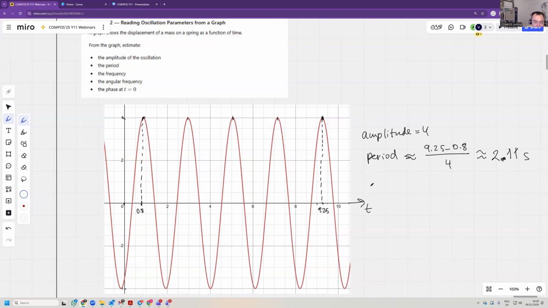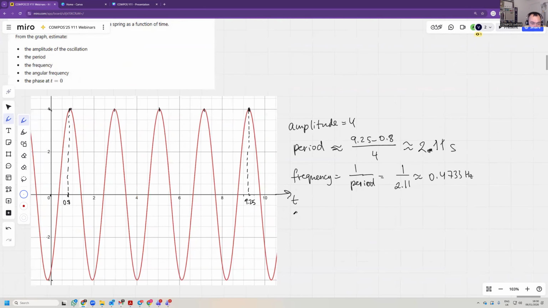The frequency. Well, the frequency is simply 1 divided by period. And that's equal to 1 divided by 2.11, which is approximately 0.4733 hertz. The angular frequency, that's 2 pi f.